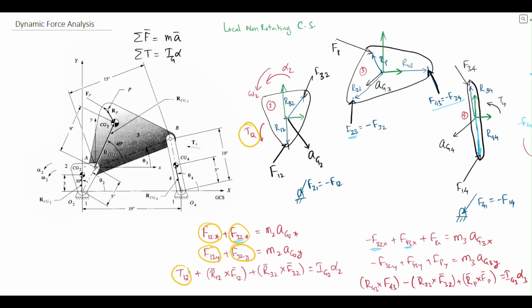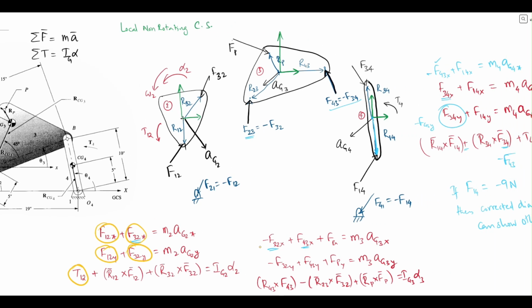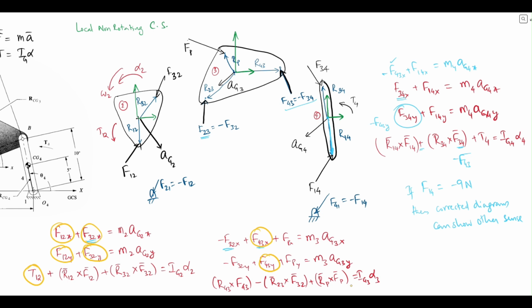So maybe I'll just mark them only on the equation so it is easy to keep track of. Then 32 I've already marked, so I'm not going to mark again. We don't know 43X and 43Y. Here we know all of them. We know FP by direction and magnitude, so this is not an unknown.